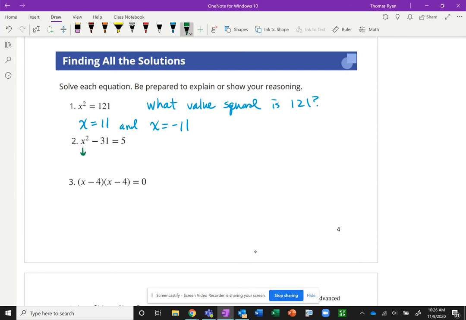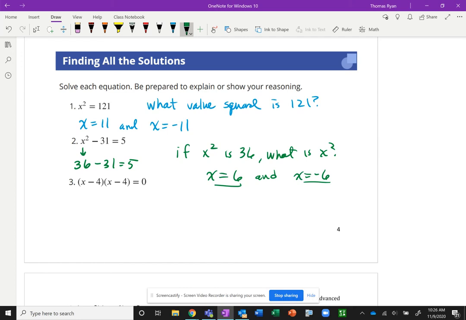Well, we know that x squared needs to be 36 because 36 minus 31 gives us 5. So if x squared is 36, then what's x? Well, we know x could be 6, and x could also be negative 6.